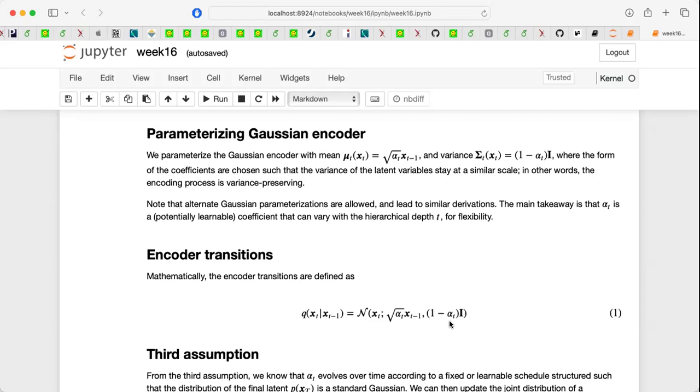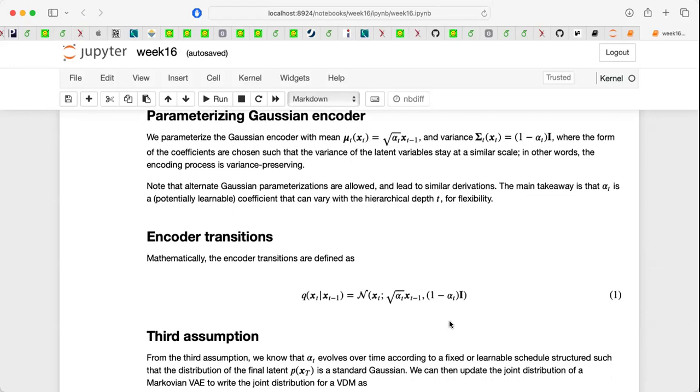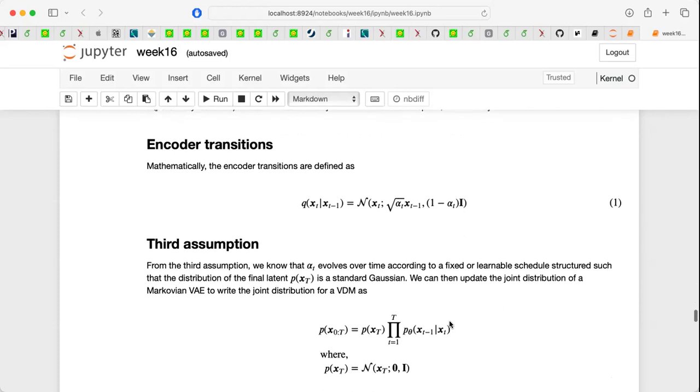This gives us a mathematical expression which is going to allow us to simplify the calculations. Now, from the third assumption, this alpha t evolves over time, so it's a parameter which will change. You can think of alpha being changed perturbatively from time to time, and it evolves according to a fixed or learnable schedule, which you can structure such that the distribution of the final latent, this p of x, is a standard Gaussian.